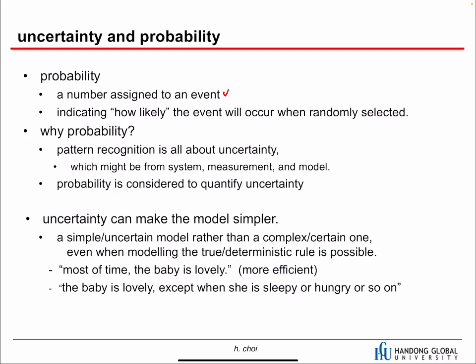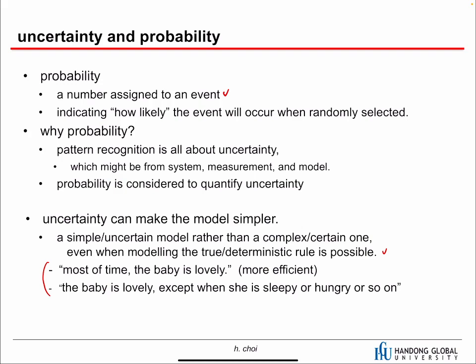So sometimes we prefer a simple uncertain model rather than a complex certain one, even when modeling the true deterministic rule is possible. Even when we can make a perfect model, sometimes we prefer a simpler one. So here is an example. When we describe a baby, most of the time the baby is lovely.